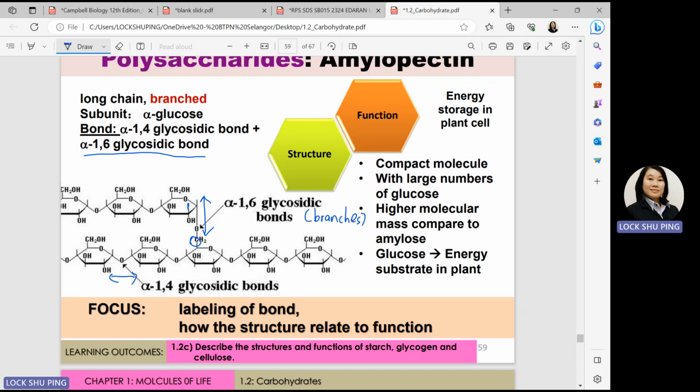And what is the importance of having this branch? First, they will be able to form a larger size to compact more glucose in a single macromolecule. When they contain more glucose, meaning the storage of glucose is higher, they are more efficient as a storage molecule.